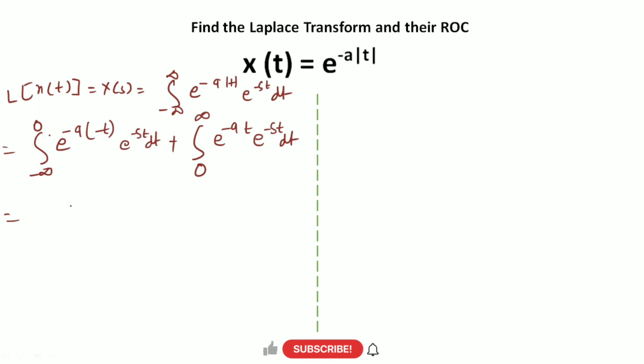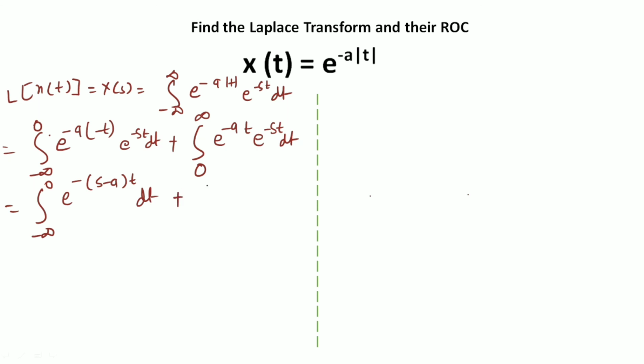Now where it is minus infinity to 0, we are going to keep minus as common, so e to the power minus (s minus a) t dt, plus from 0 to infinity e to the power minus (s plus a) t dt.